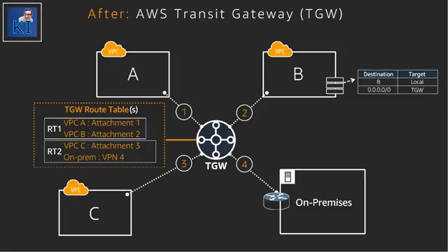From all the VPCs, there are connections, which we'll talk about further; these are attachments. So these VPCs are all attached to this Transit Gateway. In the same way, a VPN connection coming from the on-prem would also be attached to the Transit Gateway.